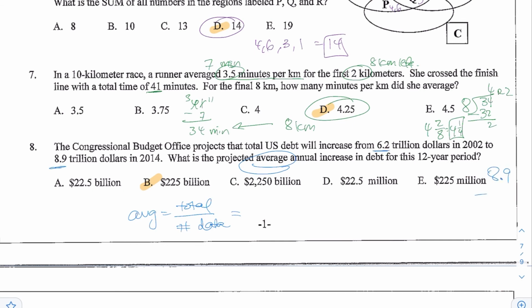So 8.9 minus 6.2 will be 2.7. It'll be a $2.7 trillion increase, divided by, in this case, from 2002 to 2014, and that's going to be 12 years. So it's 2.7 trillion divided by 12.